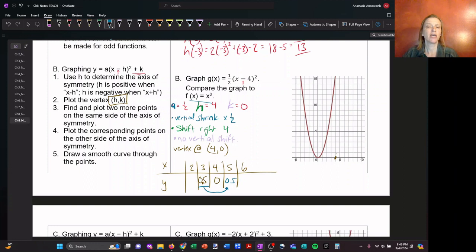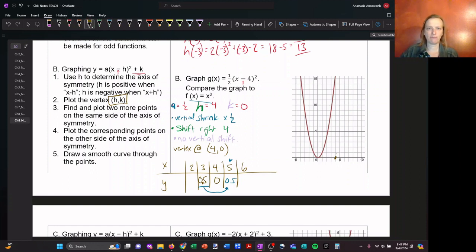If you're not sure, it is a great idea to test that 5 value on your calculator and make sure you get the same output value as you got for 3. Because if you don't, then either you punched something into your calculator wrong or you're wrong about where the vertex is. Then you go back and check your original function and make sure you didn't perhaps switch the sign on the x value.